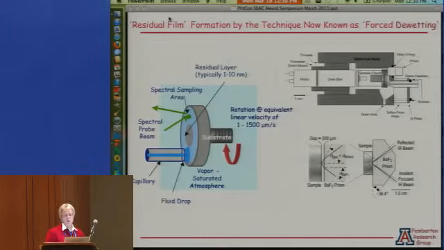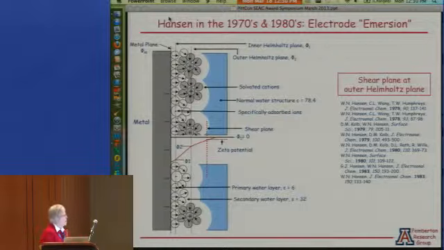But really what I want to talk about today is the quest that we had to undertake in order to understand the thickness of these layers that came out, because they didn't seem to make any sense, and I'll explain to you why that is. Now, as I said, Hansen had published in many papers that the shear plane was just outside the outer Helmholtz plane.